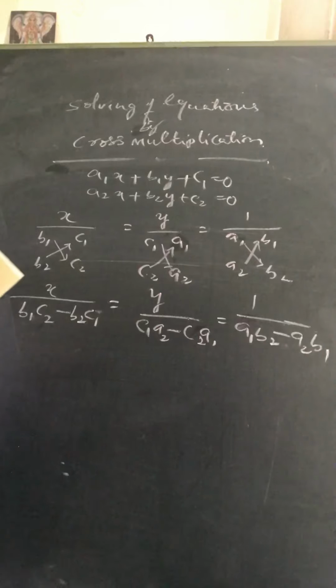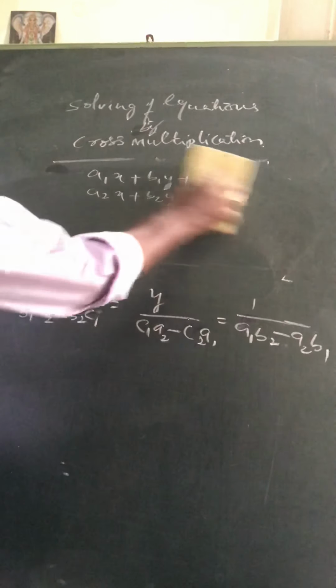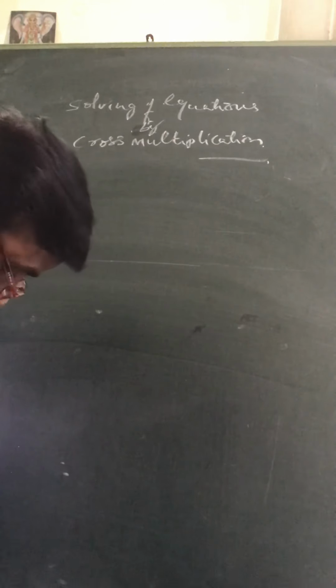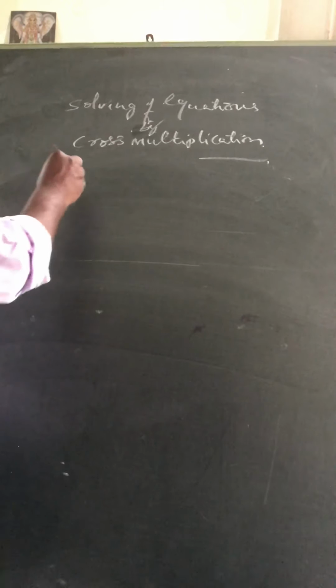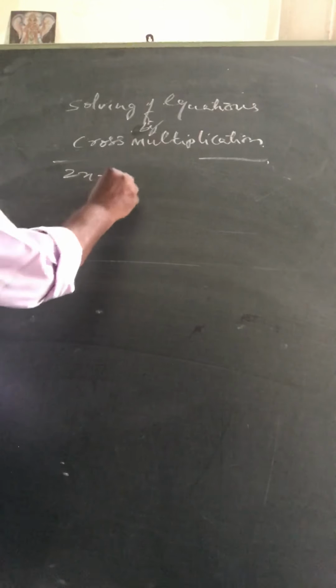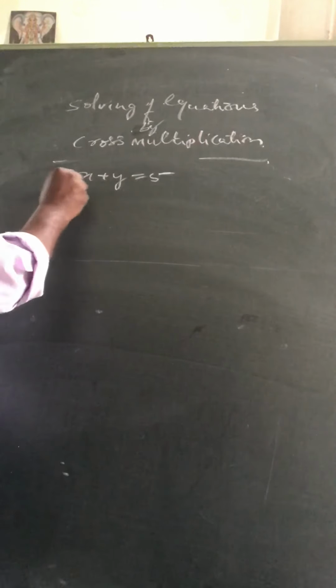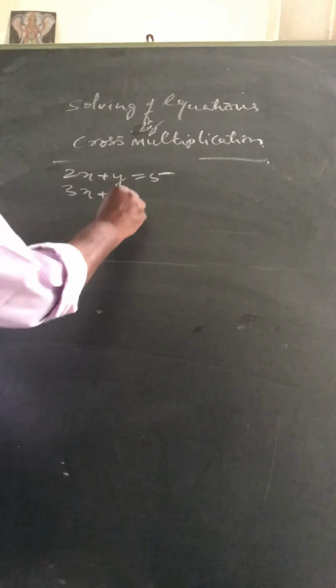Now let us take one example, a problem from our regular exercise 3.5, first bit, second one: 2x plus y is equal to 5, 3x plus 2y is equal to 8.